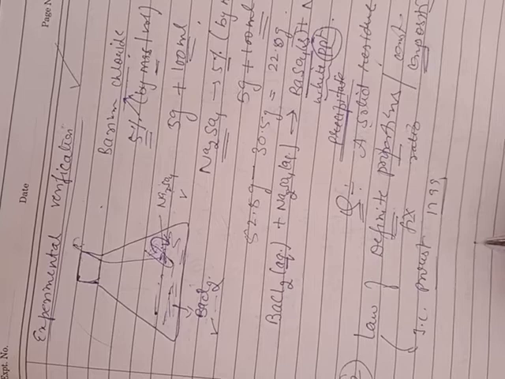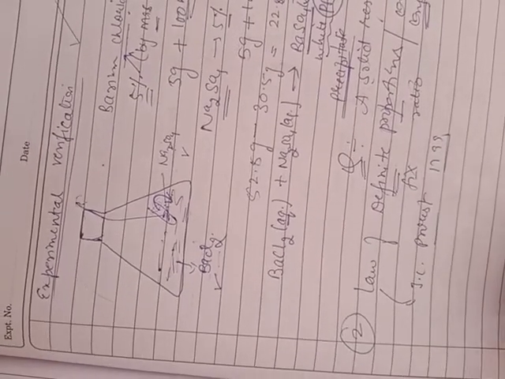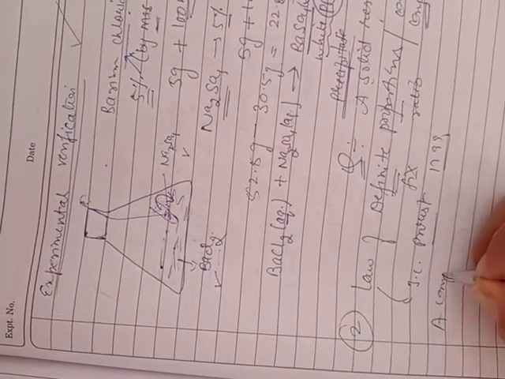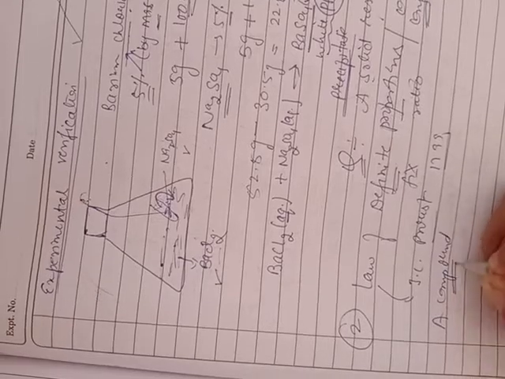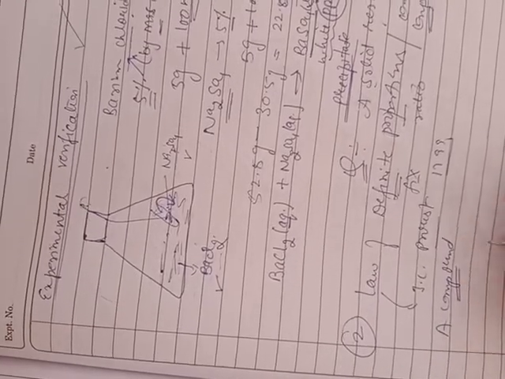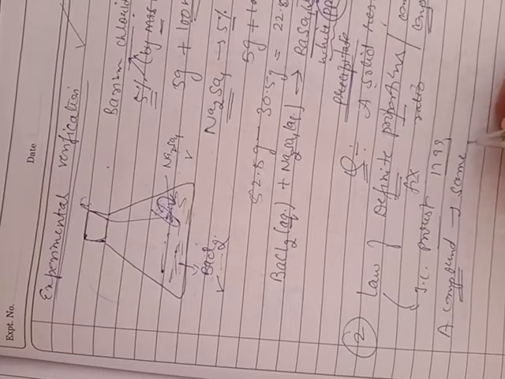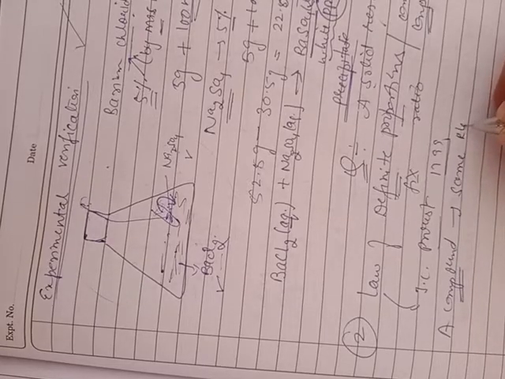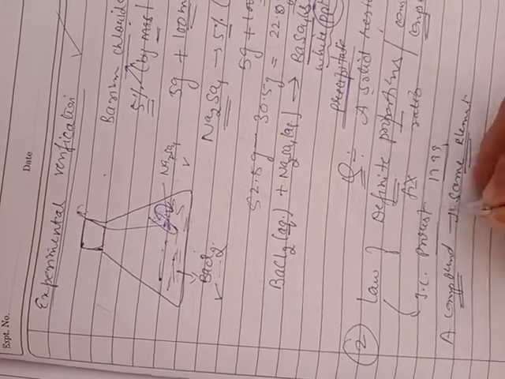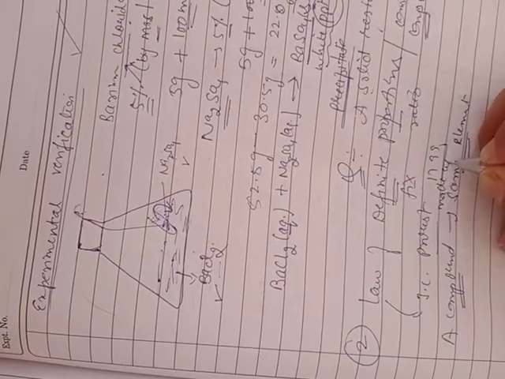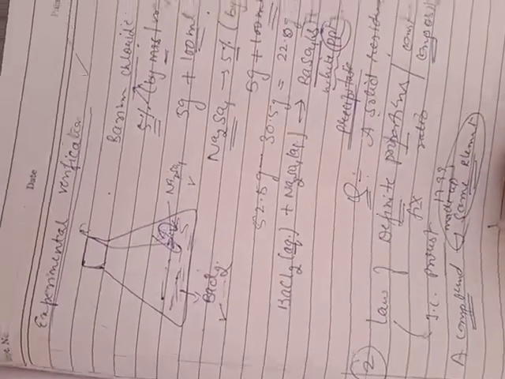What does this law state? This law states that a chemical compound is always found to be made up of the same elements every time, which combine together.